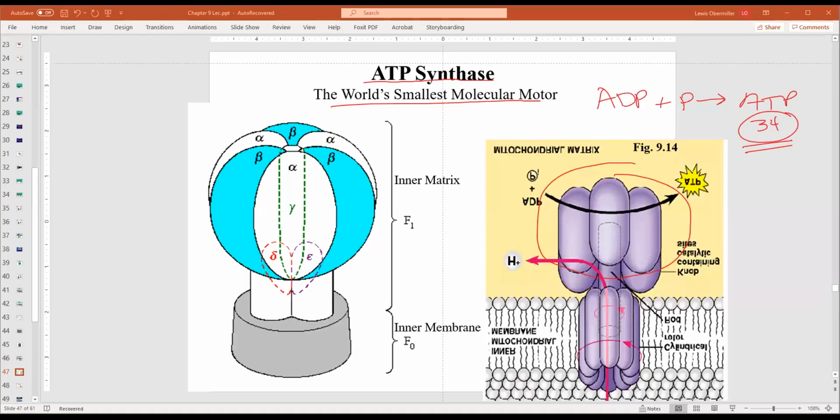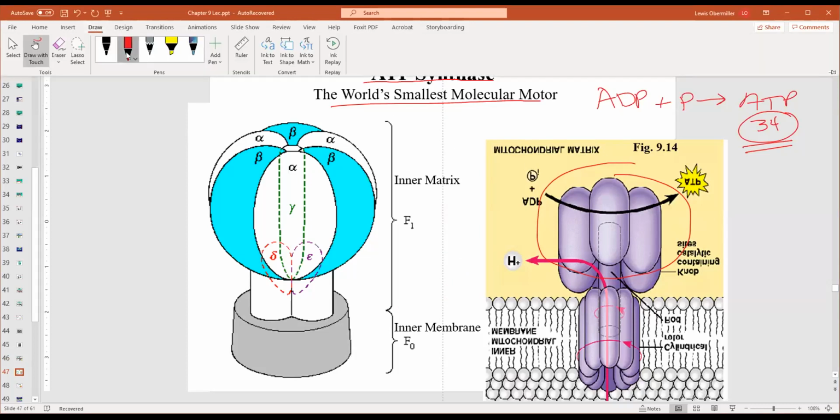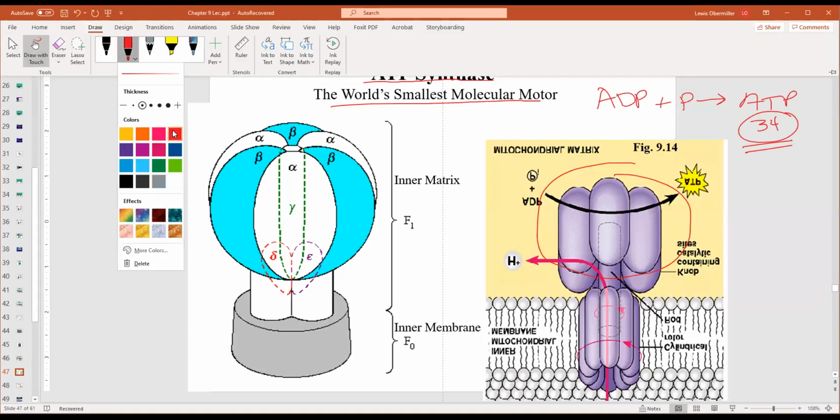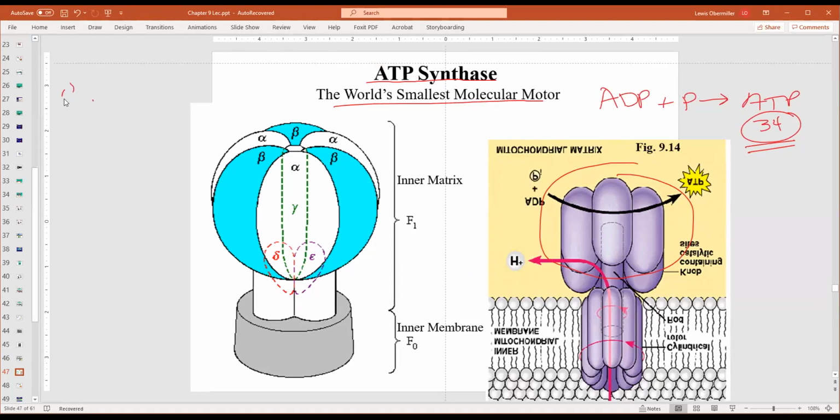Okay, so we'll just pick up where we left off before. We're talking about what goes in and what goes out, and I'm just going to summarize on this screen. The first thing we have is glycolysis.